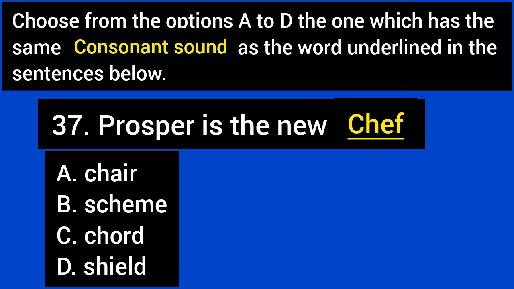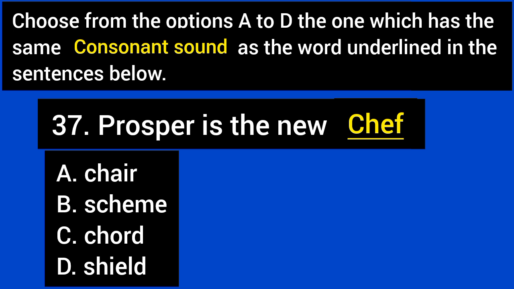So A, we have chair. B, we have scheme. It's not pronounced sh, it's pronounced sk. Then the C, we have cord. Then D, we have shield.